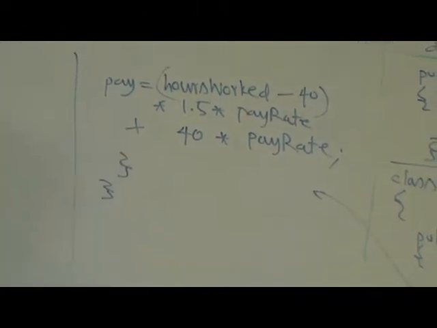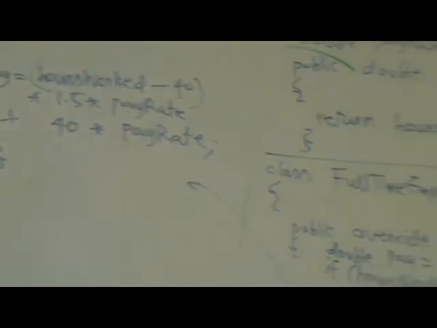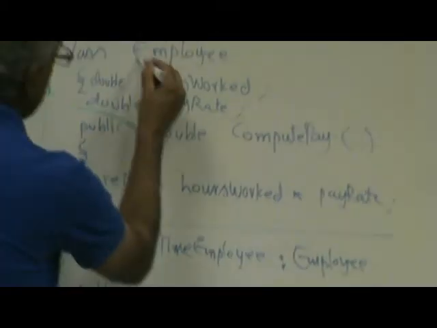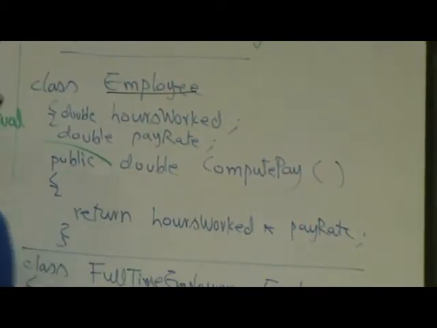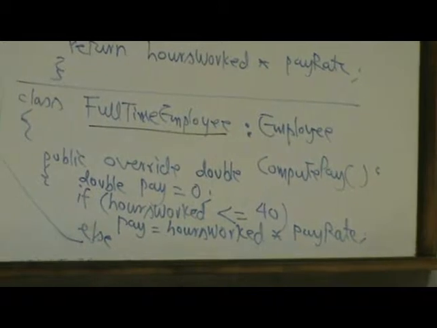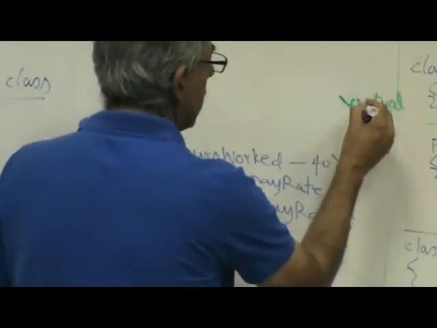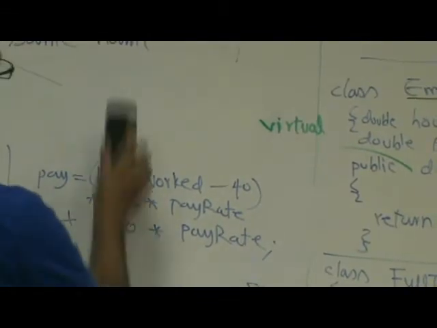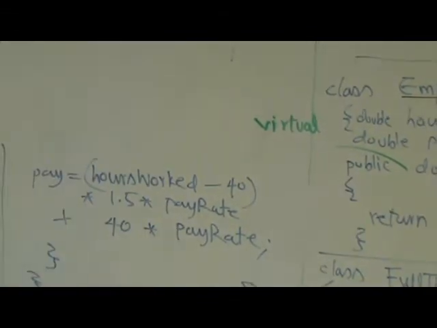Okay, so let's pretend we have two classes once again. Employee, where this is the payment method. FullTimeEmployee, where if they work more than 40 hours, they get paid more, right? So now let's write some test code over here.